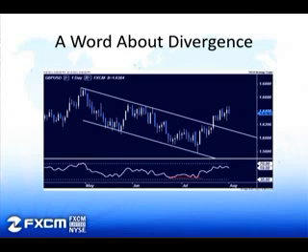And so what you want to look for when I say divergence is price doing one thing and the indicator doing another. And what you look at is extremes. So if you see the price setting new lows, but the indicator is not, what that tells you is perhaps the conviction behind this low is diminished.